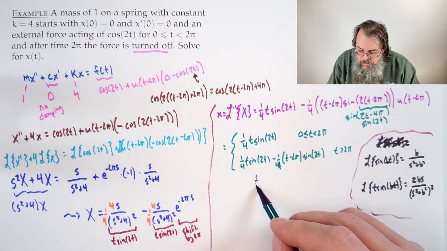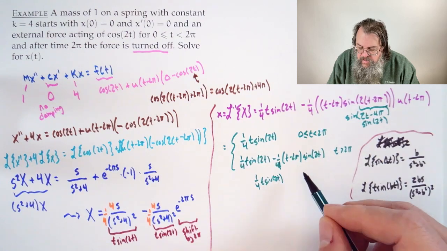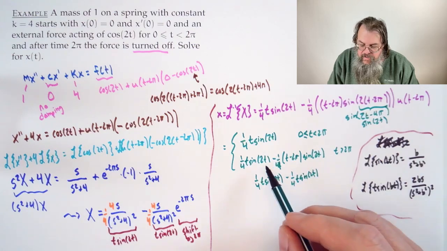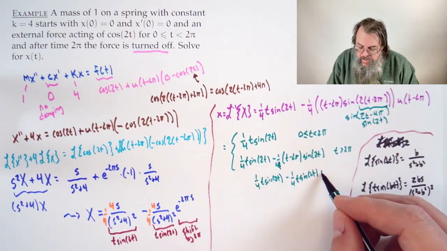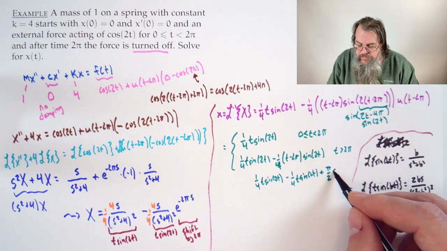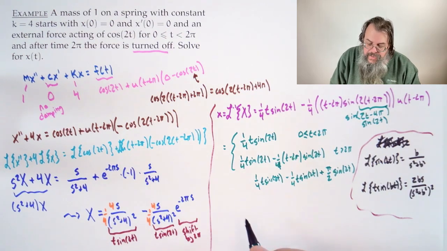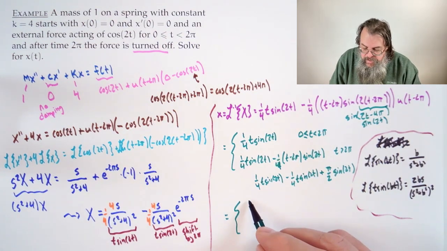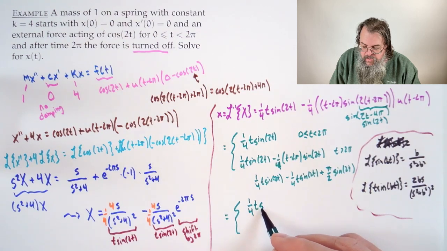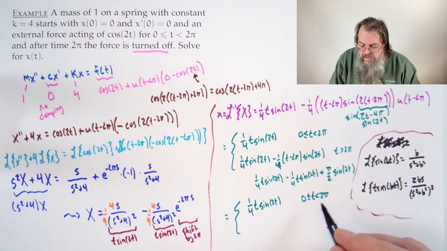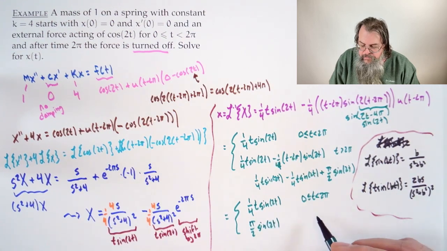Now, that's 1/4 t sine of 2t. Subtract 1/4 t sine of 2t, because you just distribute, and then plus pi over 2 sine of 2t. So that means we have two behaviors. 1/4 t sine of 2t from 0 up to 2 pi, and pi over 2 sine of 2t, and that's for t above 2 pi.